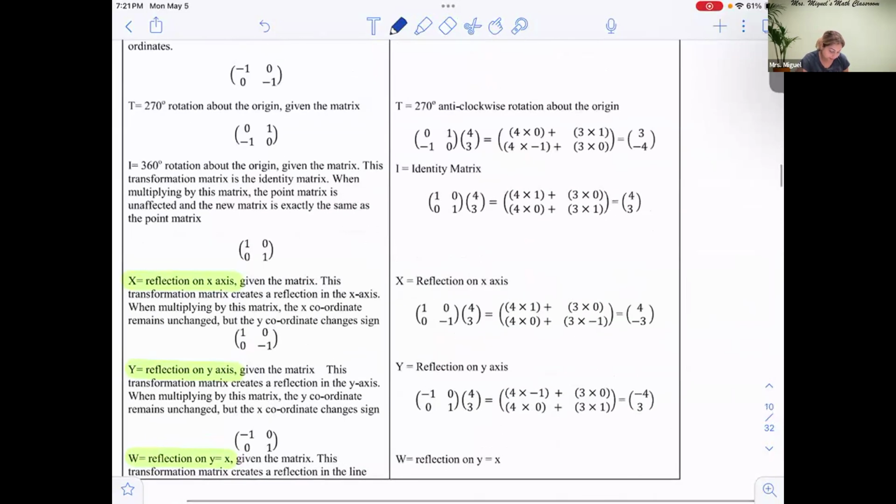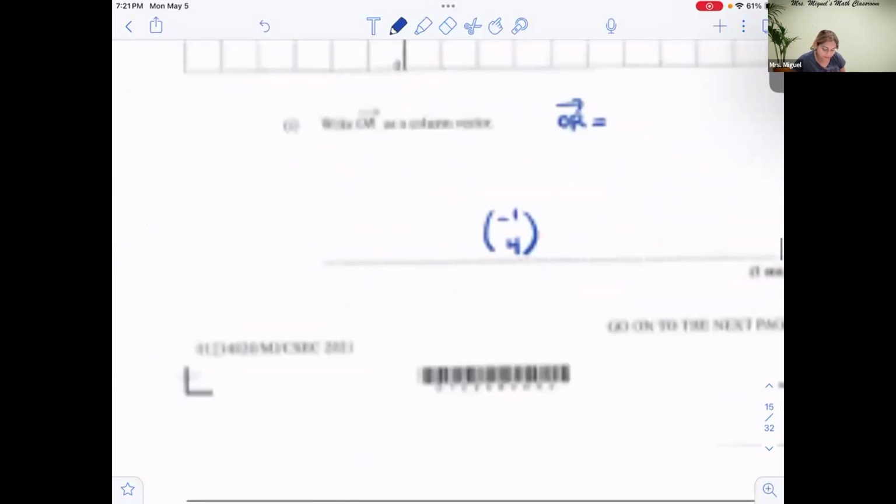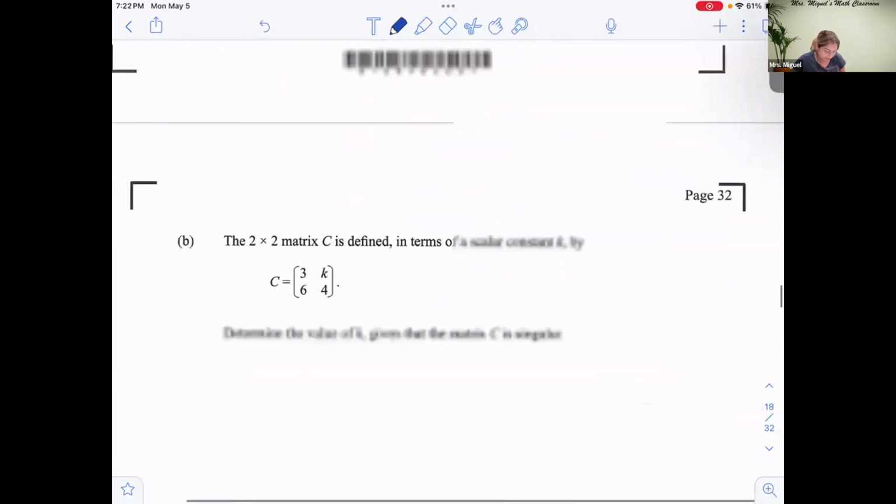We're looking for -1, 0, 0, 1. And this is a reflection in the y-axis. The reflection in the x-axis is 1, 0, 0, -1. Right? This is one that they're asking about, and I feel it is a popular one because in the next question that we're going to do, you will see they're asking the same thing.